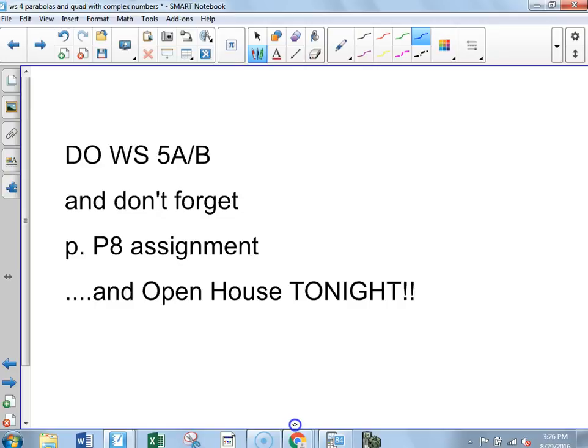There is a quiz on Wednesday. It's all this, it just has solve by square rooting, solve by factoring, solve by... I don't know if it has exponents on it, I'll look.